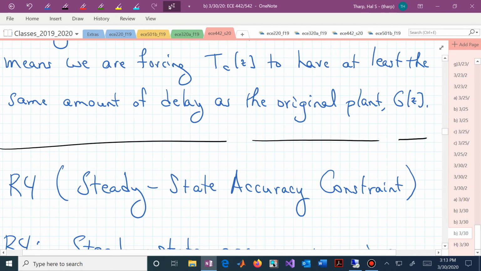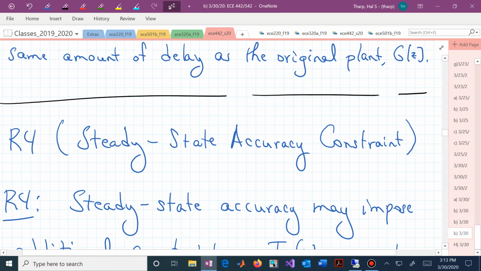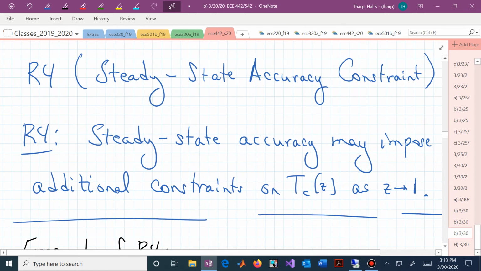So we've talked about restriction 1, restriction 2 and restriction 3. Restriction 4 was dealing with steady state accuracy. What does that mean? Well, steady state accuracy now puts some additional constraints on T sub C of Z. Up until this point, restriction 1 put restrictions on the pole zero excess.